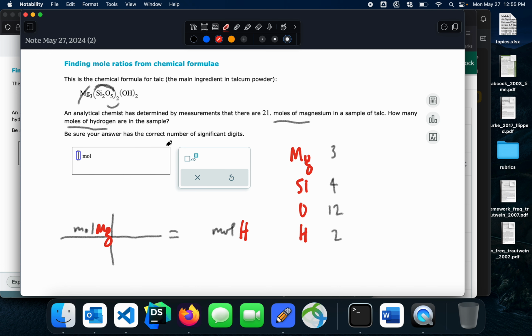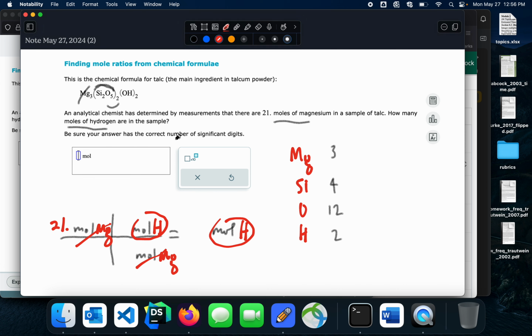So it looks like I'm given 21 moles of magnesium, and I want to convert this to moles of hydrogen. Okay, I can see what I'm going to do now. I'm going to do my molar ratio here, and I'm going to put moles of magnesium here so that these things cancel, and moles of hydrogen on top so they don't cancel. There's my moles of hydrogen, I want that, and I don't want that.